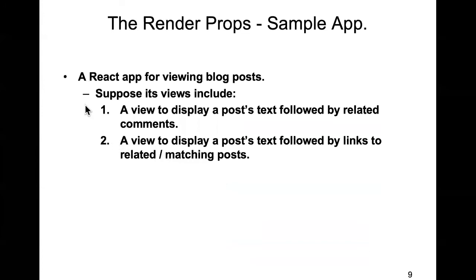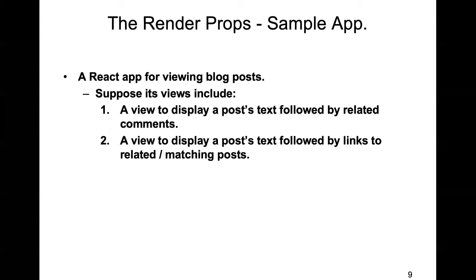It's kind of general, another kind of use case. So let's suppose I've got this app for displaying blog posts. And within this app, I have two views, amongst others. One view displays the text of a blog post followed by comments that people have left about the blog post.